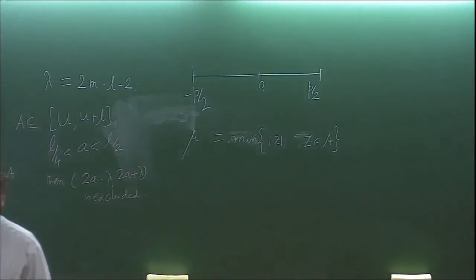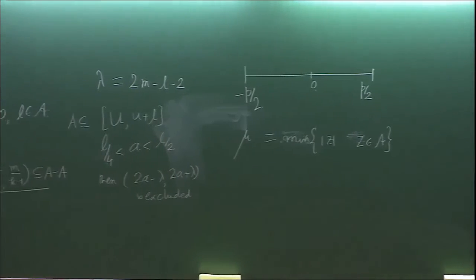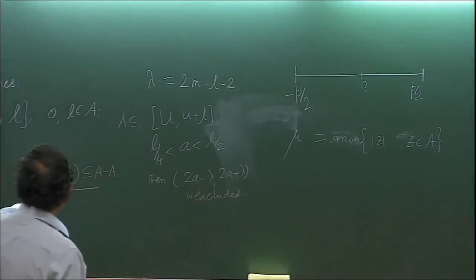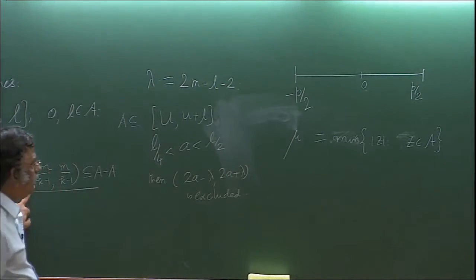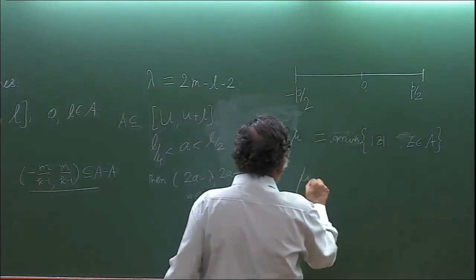First of all, there is a minimal element essentially because the neighborhood of 0 is an exclusion zone. Taking k equal to 3, minus m by 2 to m by 2 is an exclusion zone, and therefore there is a neighborhood of 0 which is an exclusion zone. Since there is such a neighborhood, I can define a minimal number, and the minimal number is what I am calling mu. And therefore, this information with k equal to 3 will give you mu bigger than or equal to m by 2.